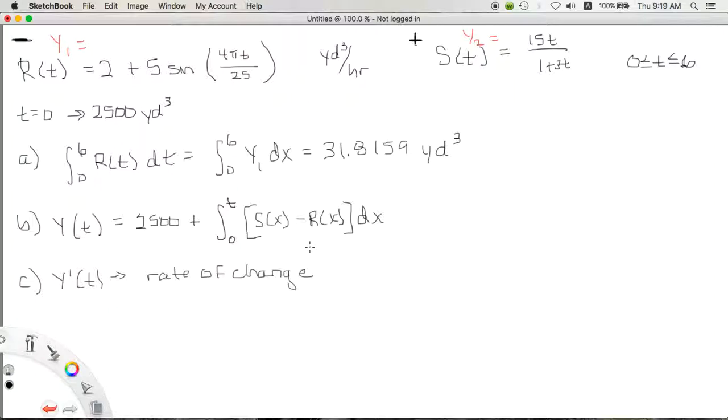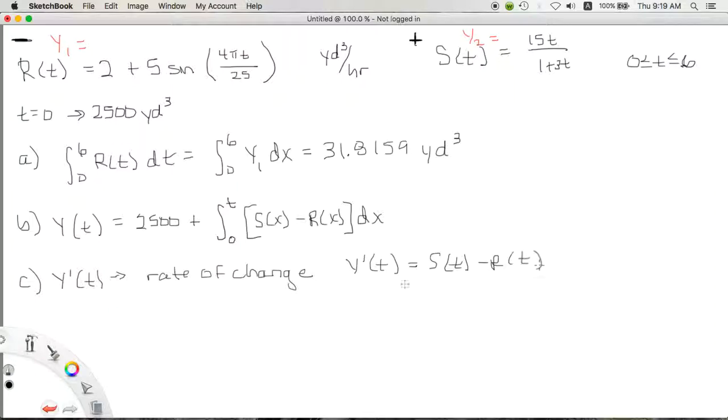So when we use y prime of t, we use our fundamental theorem of calculus to take the derivative of this function, and we get that y prime of t is just s of t minus r of t, because the derivative of 2,500 is 0, and then the derivative of this integral, using the fundamental theorem, is just s of t minus r of t.